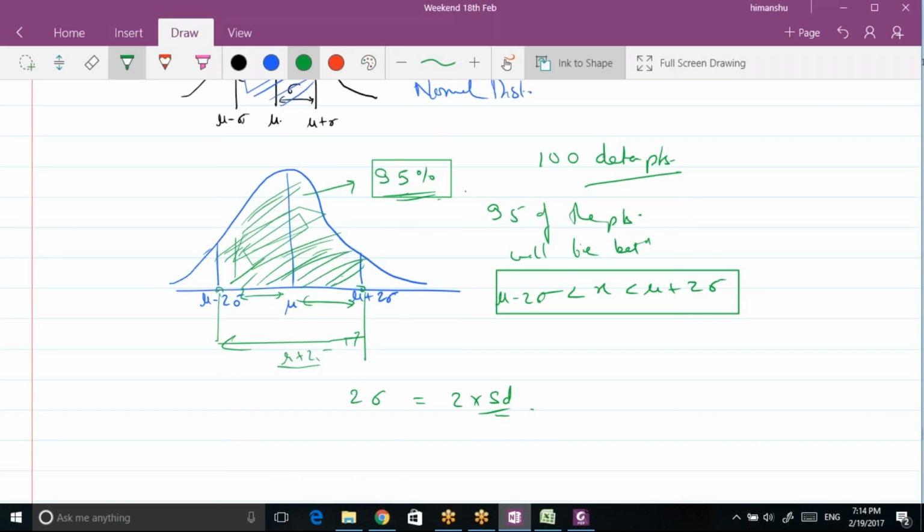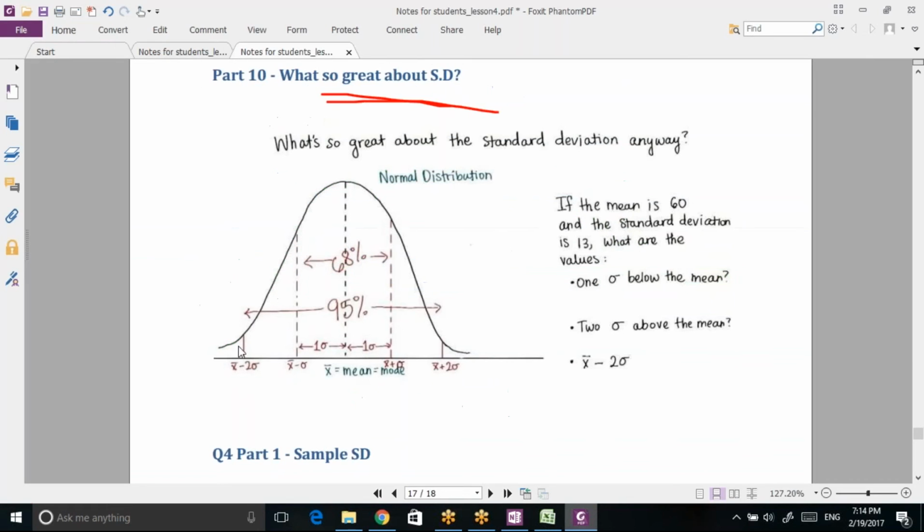Oh, okay, got it now. And sigma has to be calculated from your data only. So what I want to say here is, if your data is normally distributed or close to normal, which happens in most cases in your day-to-day data, let's just say your salary data in any company is normally distributed. Only a few people have a very high salary, and only a few have a very low salary. Most of them are in between.